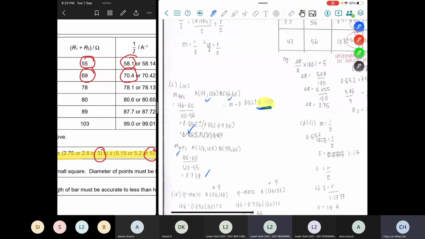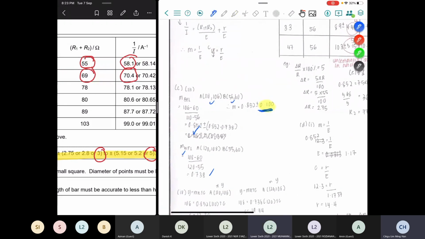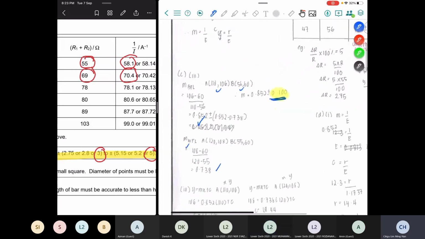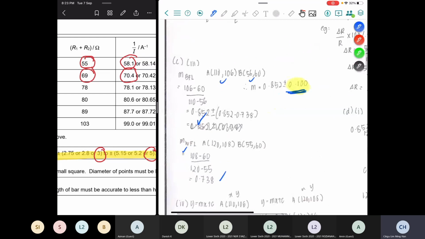That is the gradient of the best fit line, sir. Oh, straight away. Okay. I see that here. Yeah. So I think it's better you do it differently.